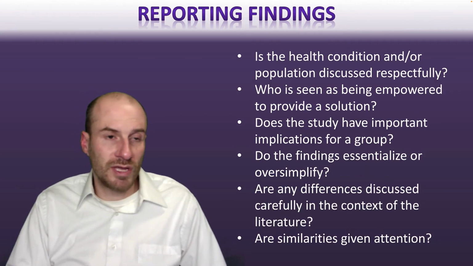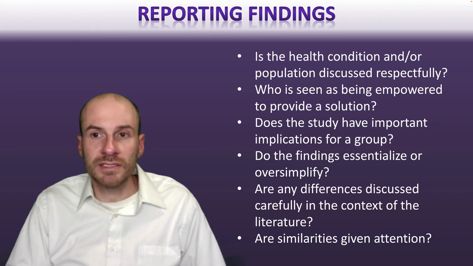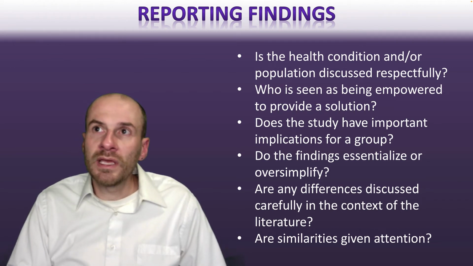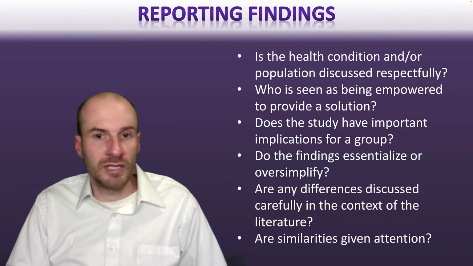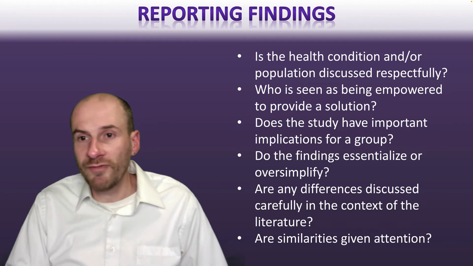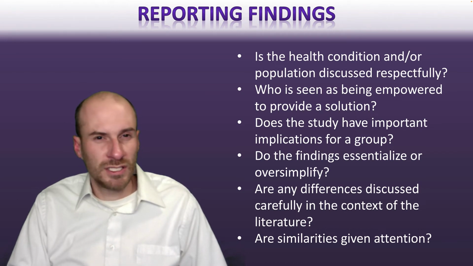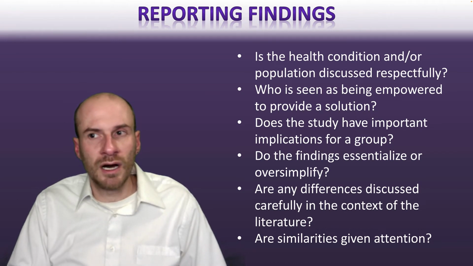We also want to look at how people write up these studies. How did they report it? In the research and the way that folks are being talked about, are they being talked about respectfully? Are they being talked about in a way that doesn't speak down to them, that recognizes their strengths, right?